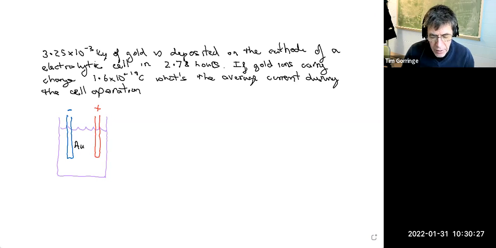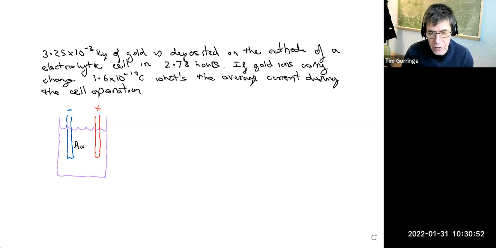Anyway, we're told that in this electrolytic cell, 3.25 times 10 to the minus 3 kilograms of gold are deposited on the cathode, the negative terminal of the electrolytic cell, in a period of 2.78 hours.